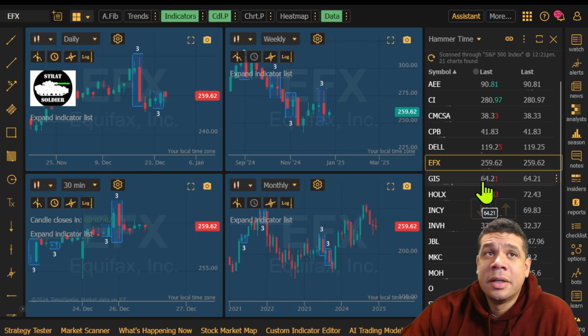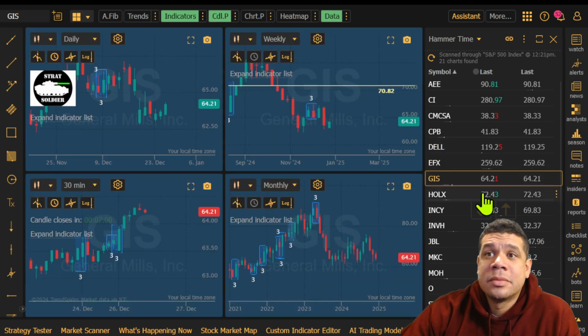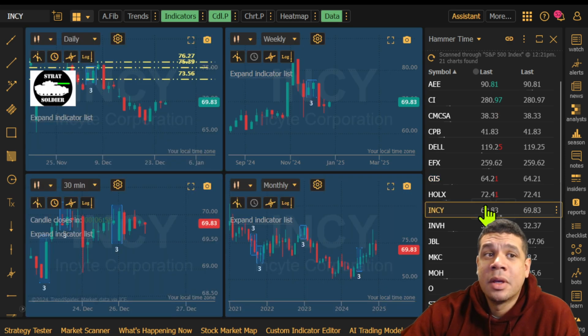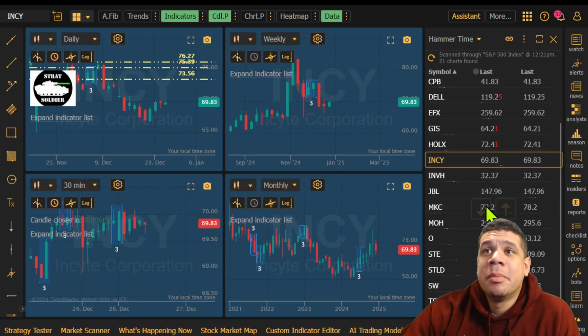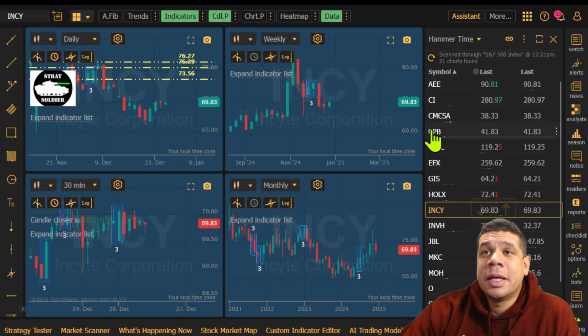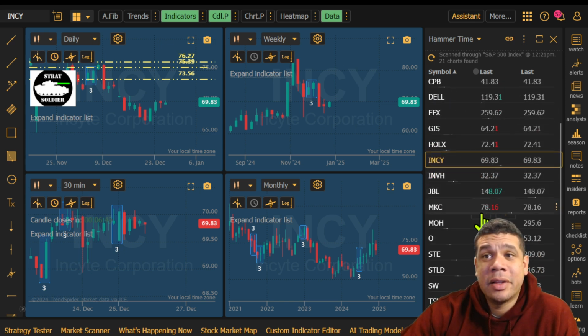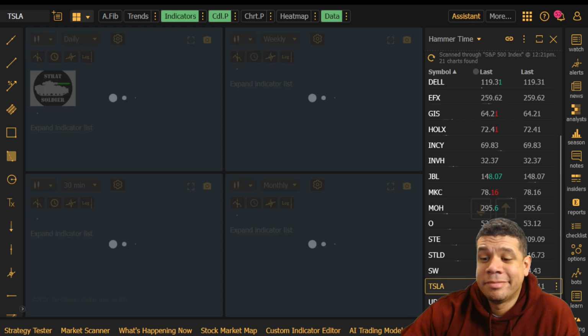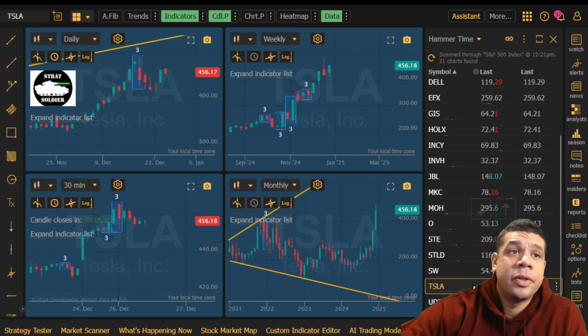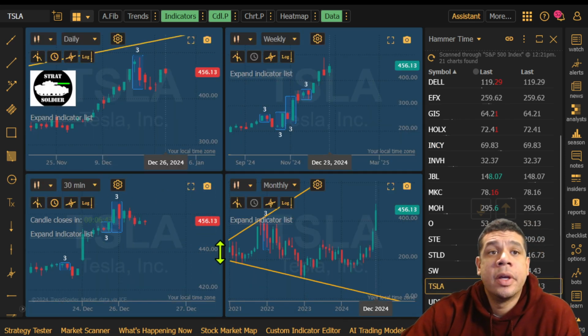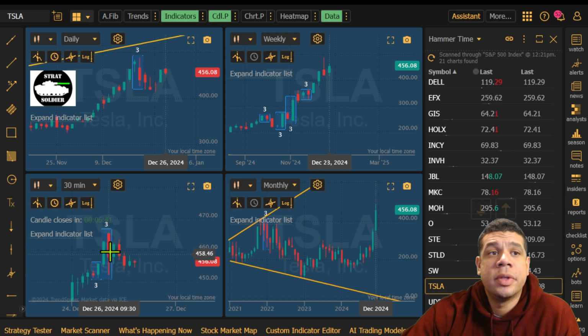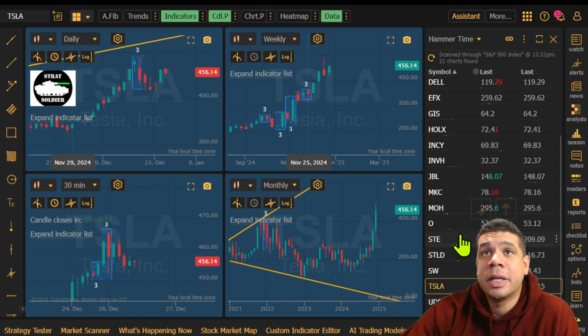Remember I talked about biotechs? Remember I talked about consumer staples? It's interesting how that stuff's showing up in the scanner. Hammer forming on the 30-minute on Tesla. It could be a way in on this and get us through this mother bar problem that we have on the 30-minute.